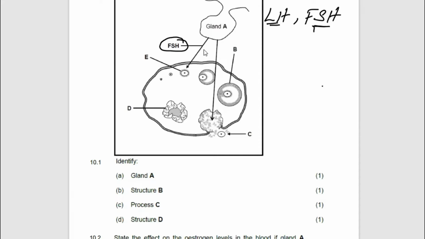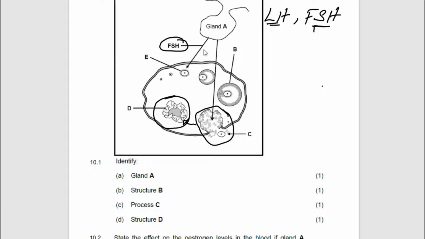This is the mature Graafian follicle. This is the ovum and the process which is taking place here is ovulation. Once ovulation takes place, you go to what we call corpus luteum. So this is the empty Graafian follicle which has turned into corpus luteum.